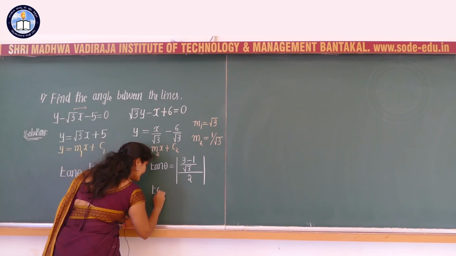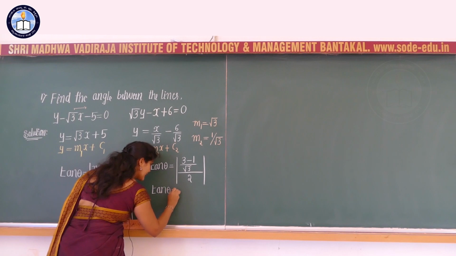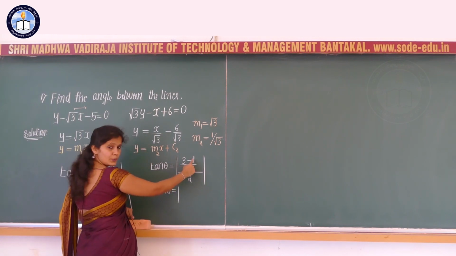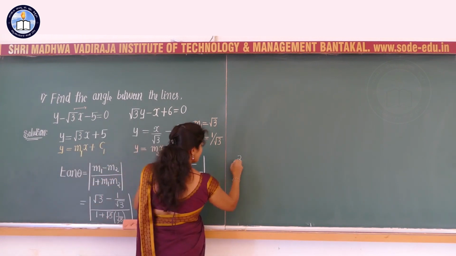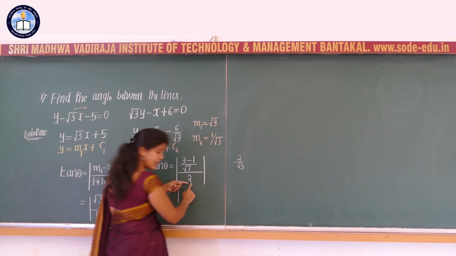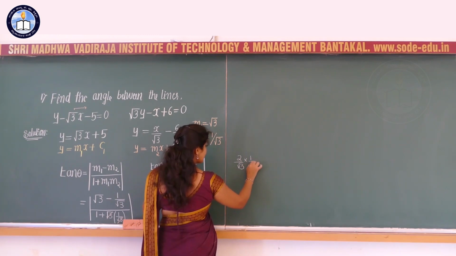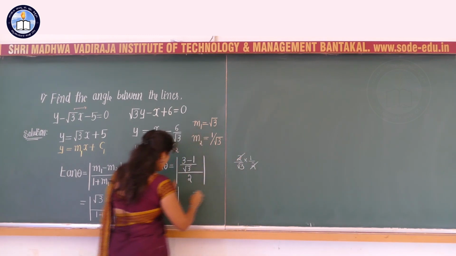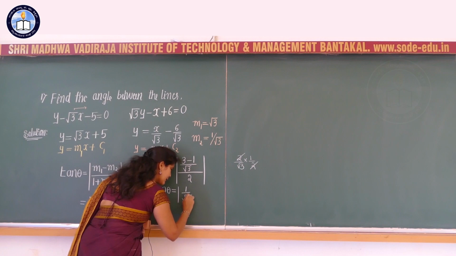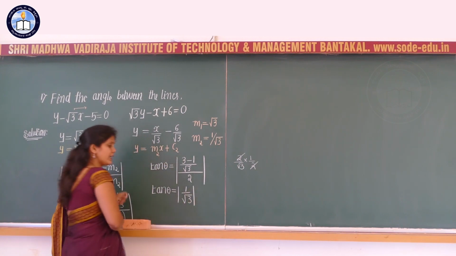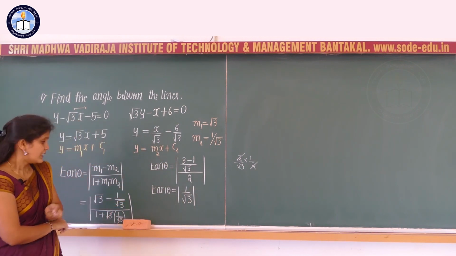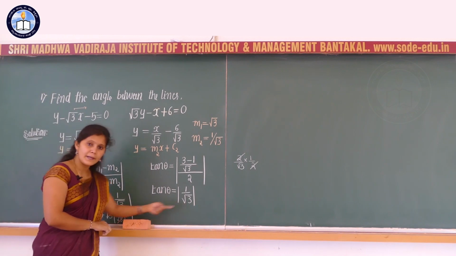So this tan theta can be written as 3 minus 1, that is 2 divided by root 3, whole divided by 2, or when that goes to the numerator, we can write it as into 1 by 2. 2 cancels with 2, and the remaining term is nothing but 1 divided by root 3. Tan theta is equal to 1 by root 3.